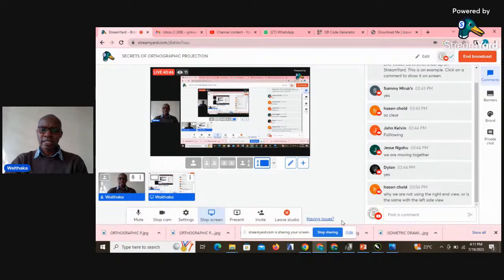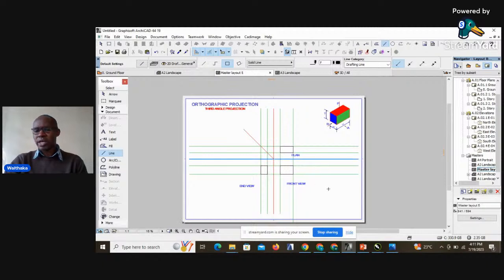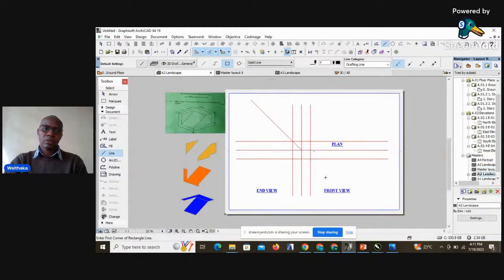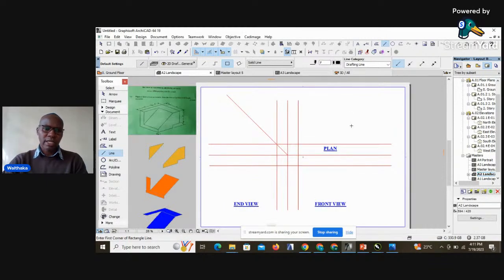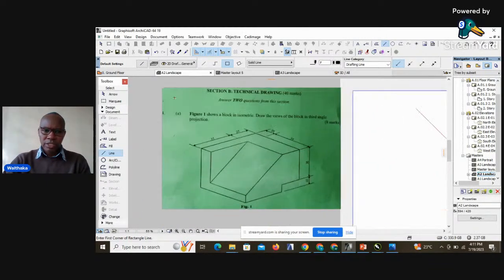So therefore, let me share my screen again so that we look at a sample question where we are required to generate or to project views in either first or third angle. So I'm just sharing my screen so that all of us are on the same page. I've picked a question from one of the past papers.